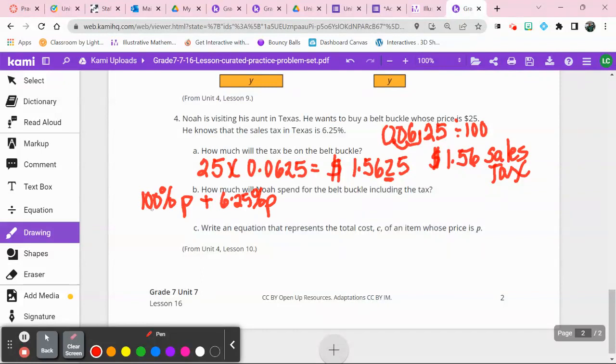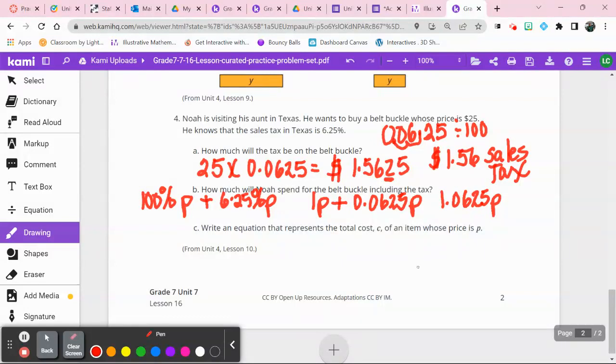We change those to decimals. 100% is 1 plus 0.0625 times the price. We add those together, 1.0625 times the price. And that will give us the total amount that he pays.